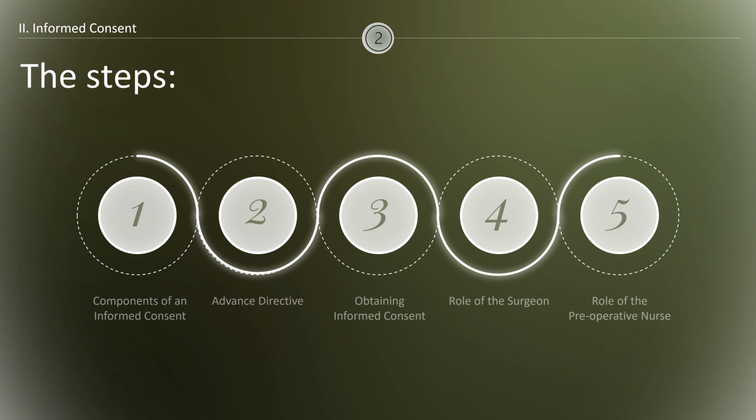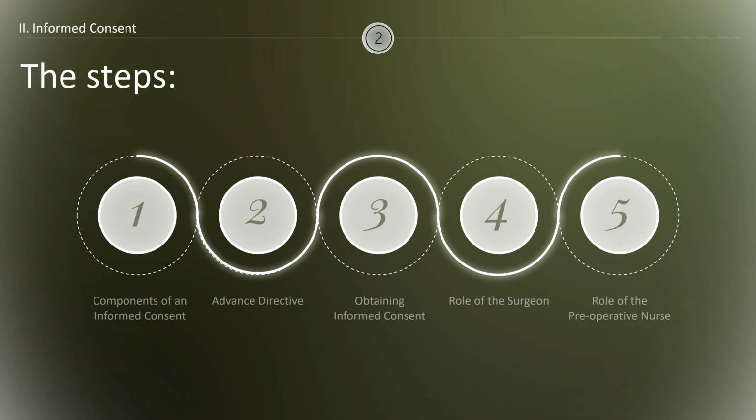Types of it are durable medical power of attorney, which designates a decision maker, and living will, which specifies choices for resuscitation, intubation, feeding tubes, long-term ventilation. DNR orders must be recorded in the chart. The nurse's responsibility here is to note and attach the advance directive and living will to the patient chart.